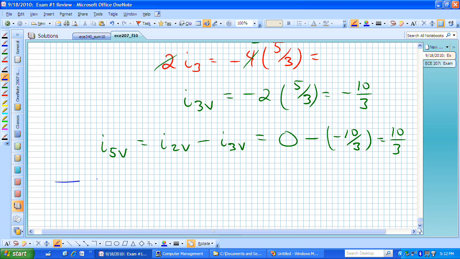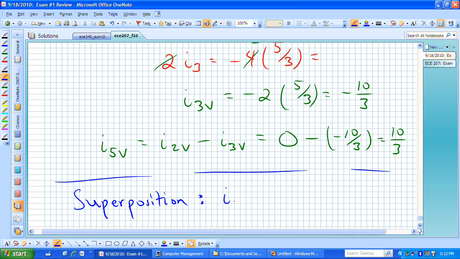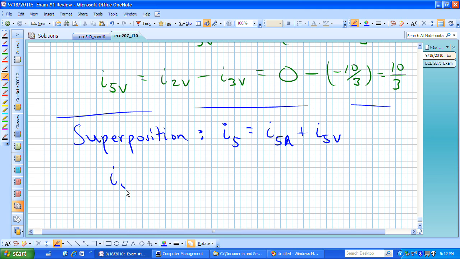Then, via superposition, we can combine these two separate circuit analysis results and say that I sub 5 is going to be made up of a piece due to the current source being present, another piece due to the voltage source only being present, and we now can put those together.